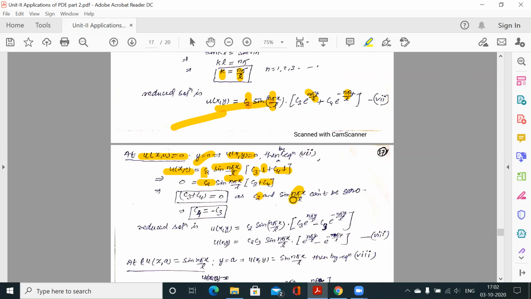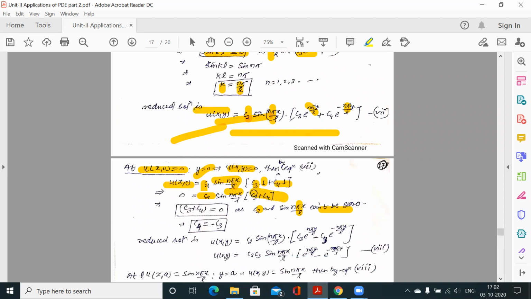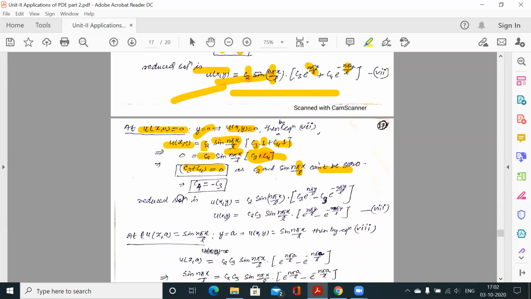Again c2 and this factor cannot be 0, because the reduced solution would be 0 in that case. If c2 is 0, the whole solution is 0. So only the third possibility is left, that c3 plus c4 must be 0, because this will not make our solution 0. This is c3 into something plus c4 into something. So c3 plus c4 can be 0. So this means that c4 is minus c3, or c3 is minus c4. Clear?